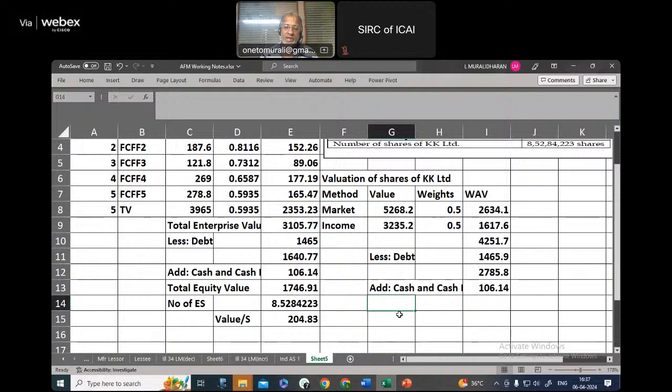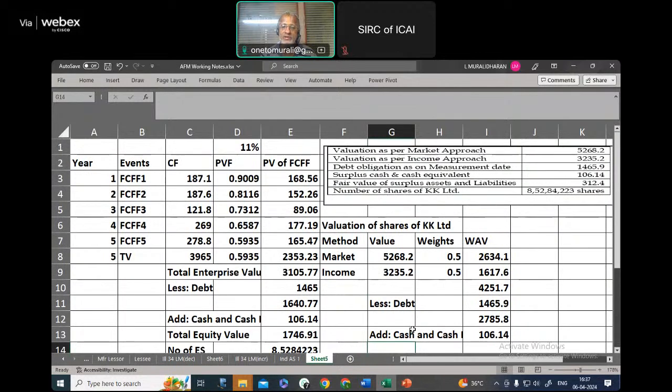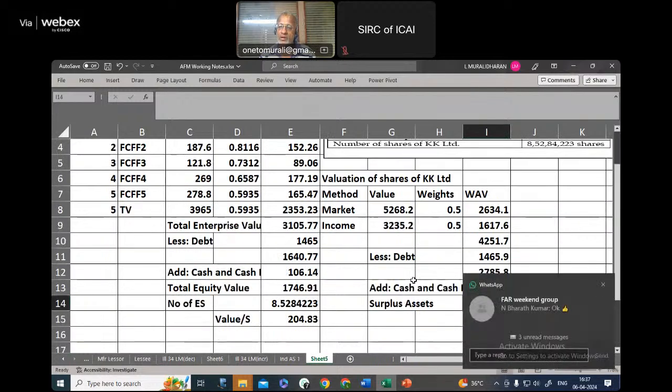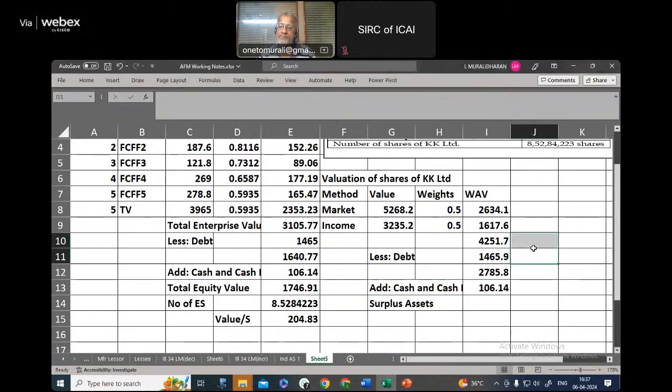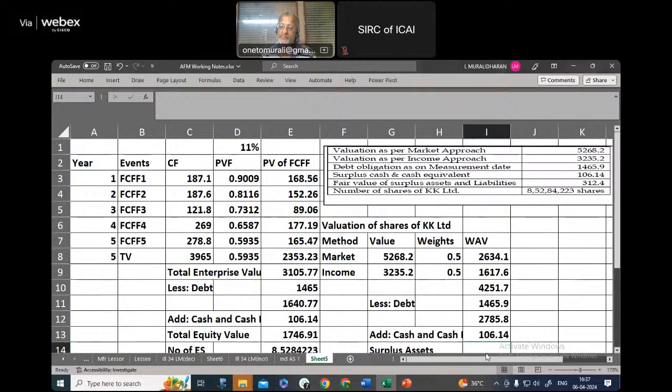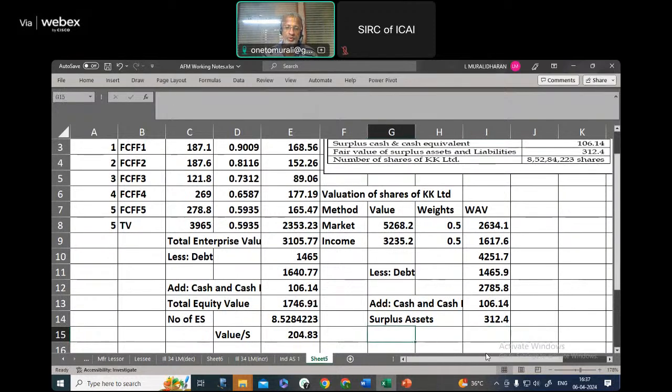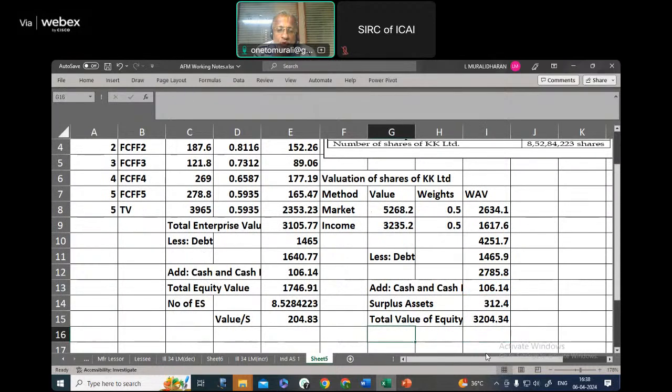Then cash and cash equivalent, and then one more we have got to add: surplus assets, 312.40. Total value of equity, $3204.34.